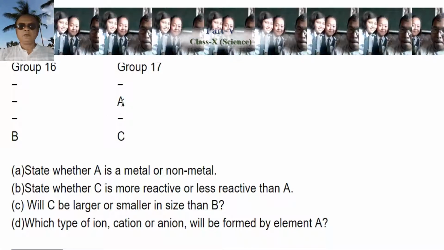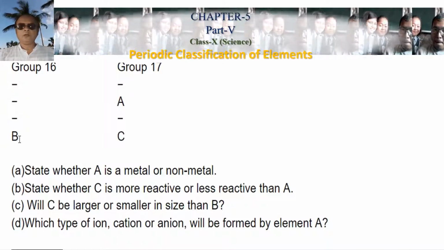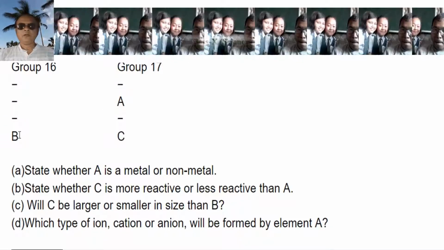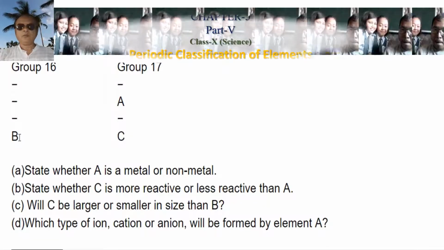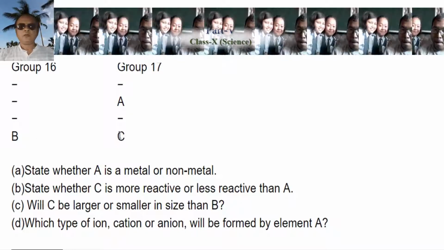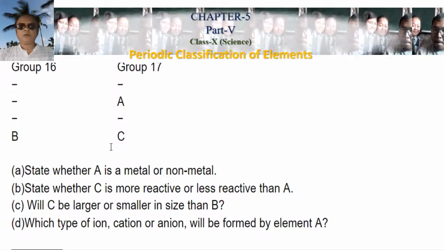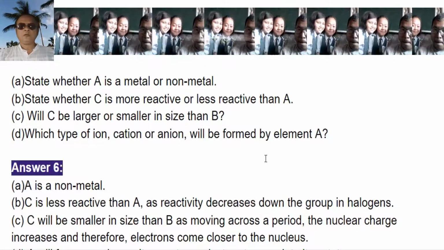Since A element has one less shell than B, A will be smaller in size than B. And C will be smaller, since the number of protons and the number of electrons in C is more than in B.